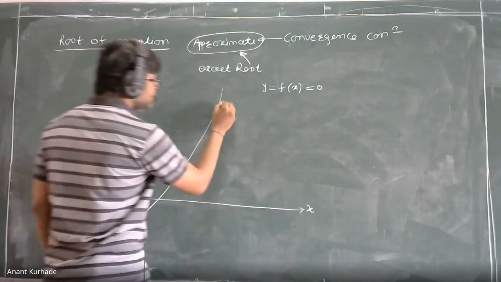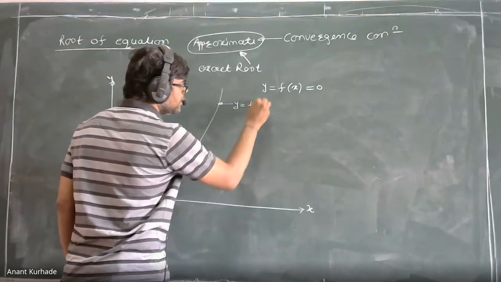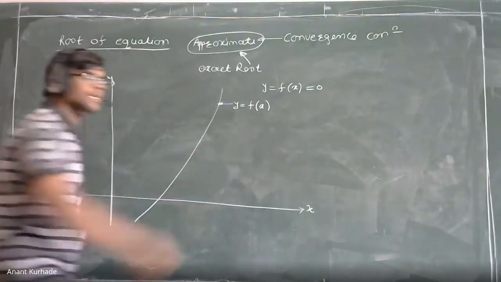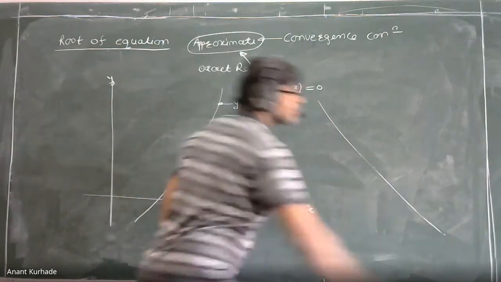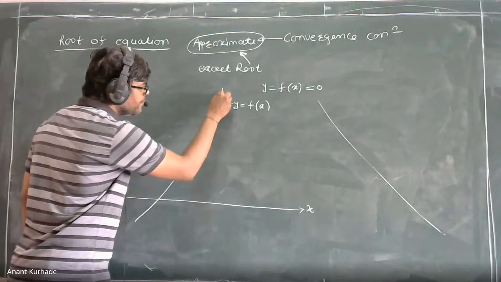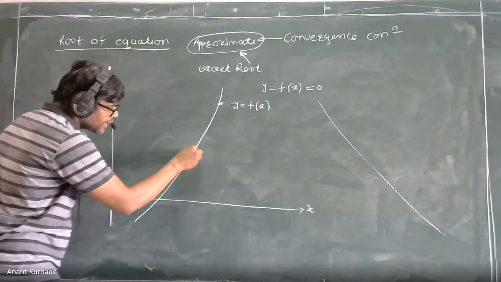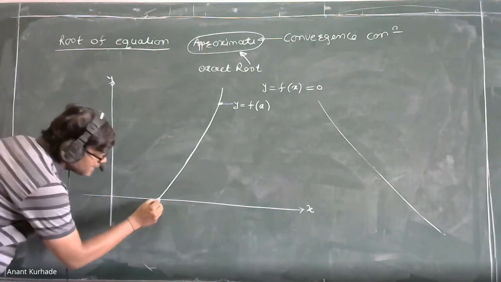So let's consider this is the graph of the equation y is equal to f of x. You can draw it like this or like this, no problem. Now see this curve, it will cut this x axis at this point.